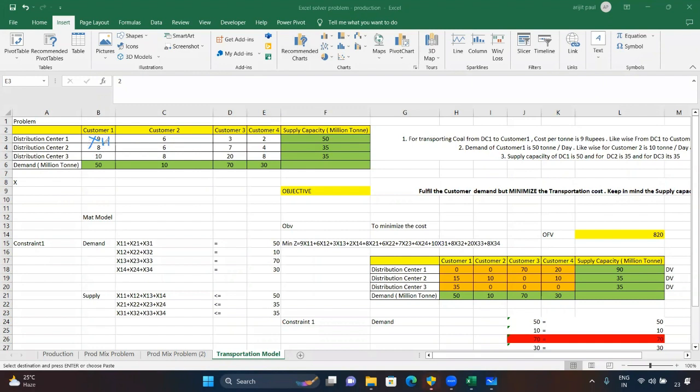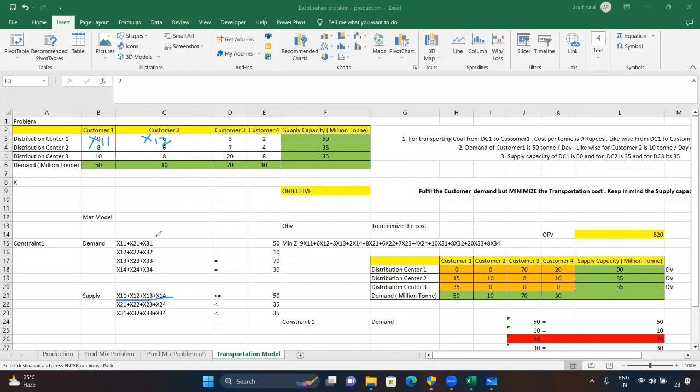This one is from the source, that is distribution center 1, and this one is from the destination, that is customer 1. Likewise, we can refer to this cell as X12, right? So 1 comes from the source, 2 comes from the destination, that is customer 2. This way, we have modeled this mathematical formula, right?